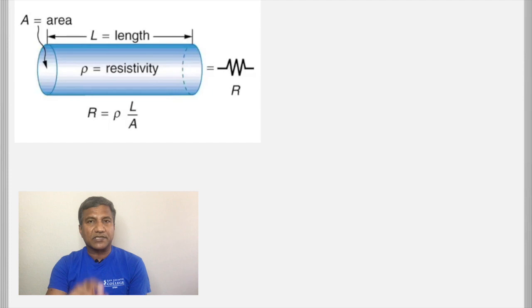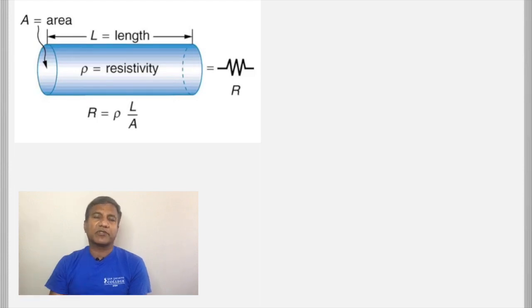That's the material, that depends on the material. And you see that the length is in the numerator and the area of cross section is in the denominator. So that's the formula for resistance in terms of length and area of cross section.